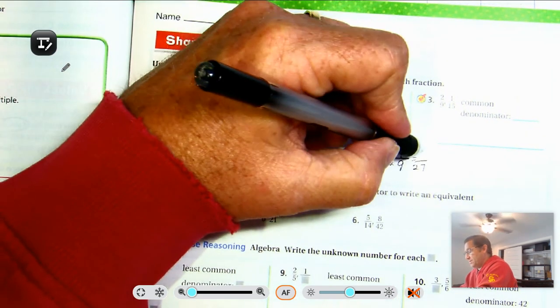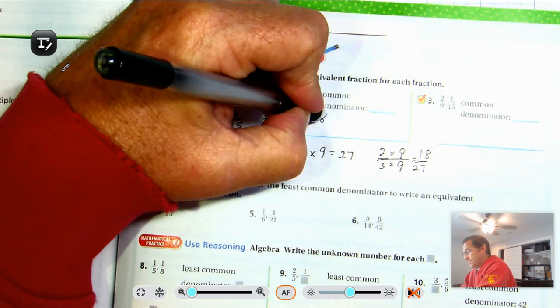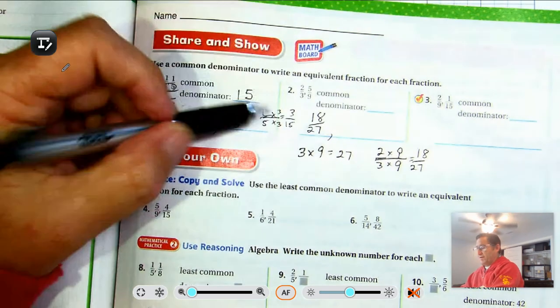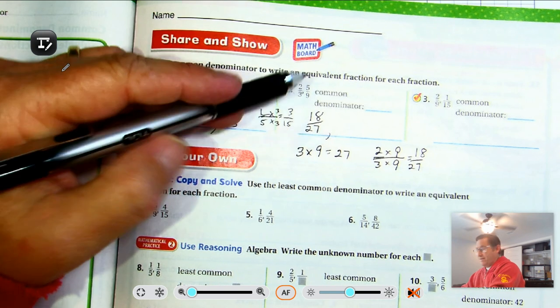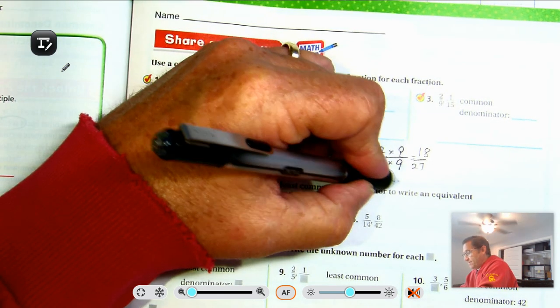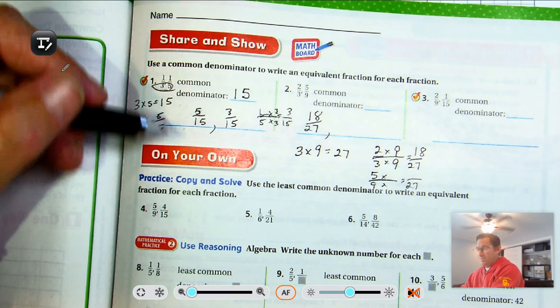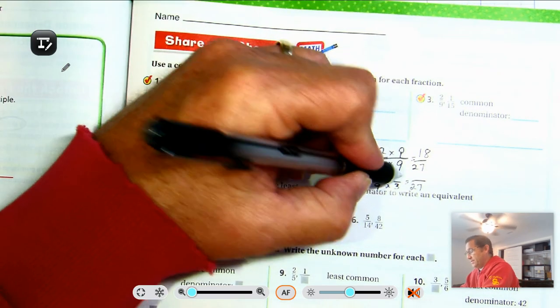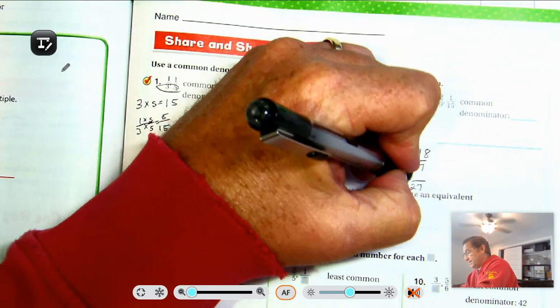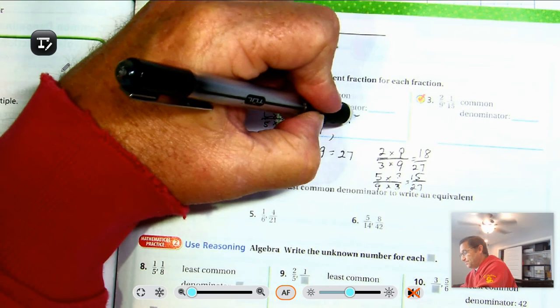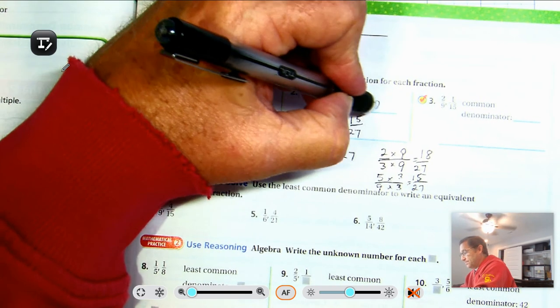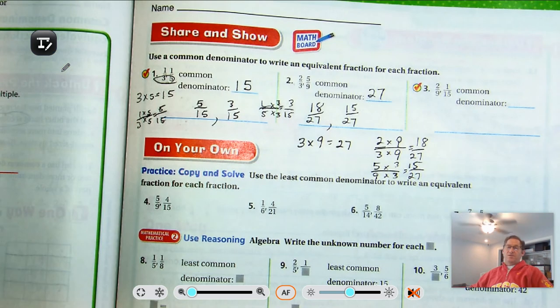And 9 times 2 is 18. So I can rewrite 2/3 as 18/27ths. 5/9, I'd have to multiply 9ths by 3 to get 27ths, and 5 times 3 is 15. So a common denominator is 27.